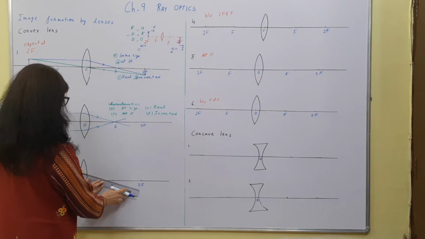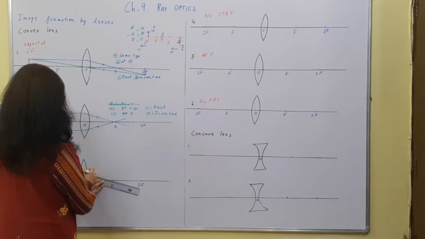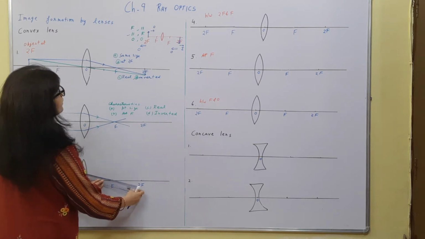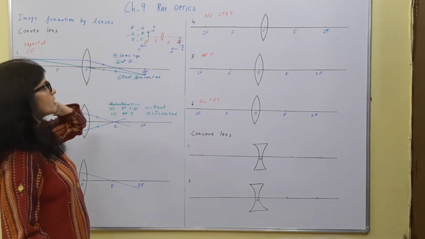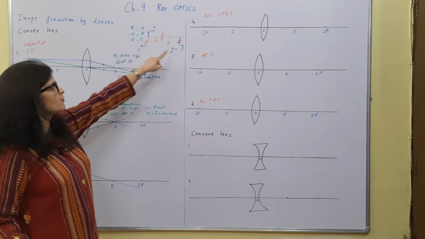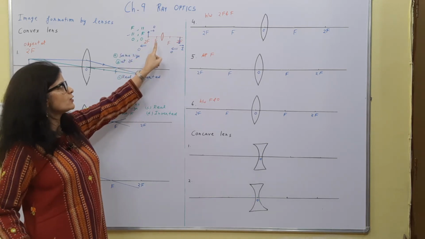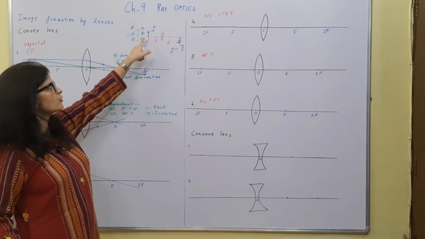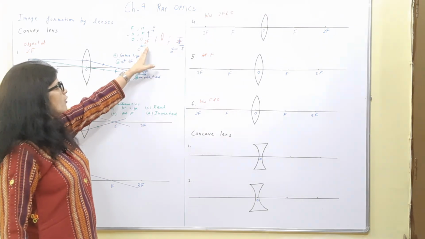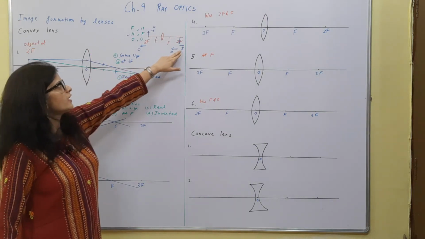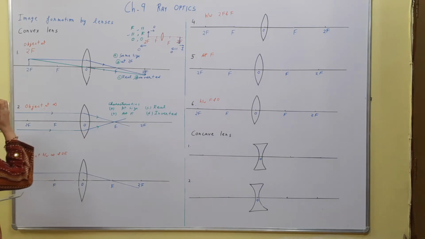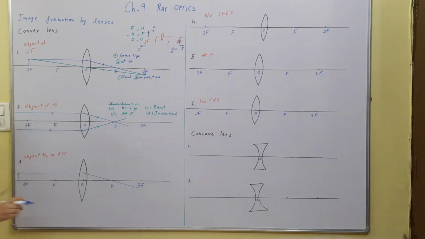When you are drawing the diagram in the exam, you have to remember the rule which I have told you to remember. This one. When the object is away from 2f, then the image will be formed between f and 2f. Because you know that at 2f, object position, image position is 2f. If object is beyond 2f, then the image is before 2f, right? So the image will be formed somewhere here.